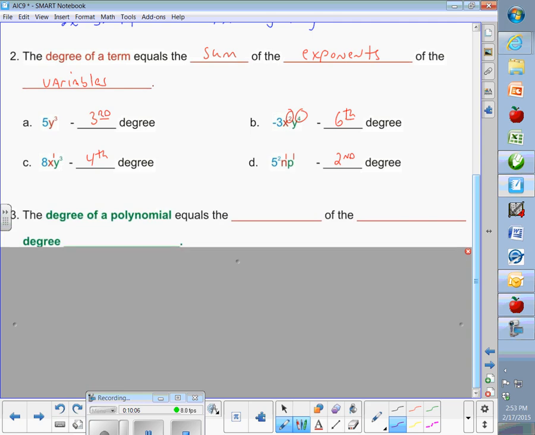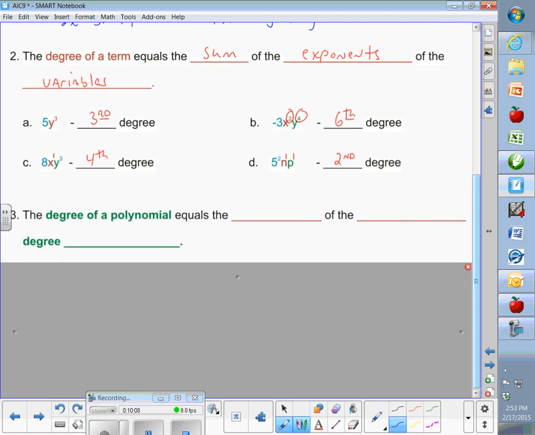All right, our next aspect is a little different though. And this one becomes important, and it is the degree of a polynomial. Not the degree of a term, the degree of the whole polynomial. Now what we've done previously are all monomials. Now we're going to do binomials, trinomials, etc. All right, so how do you figure out the degree of the polynomial?